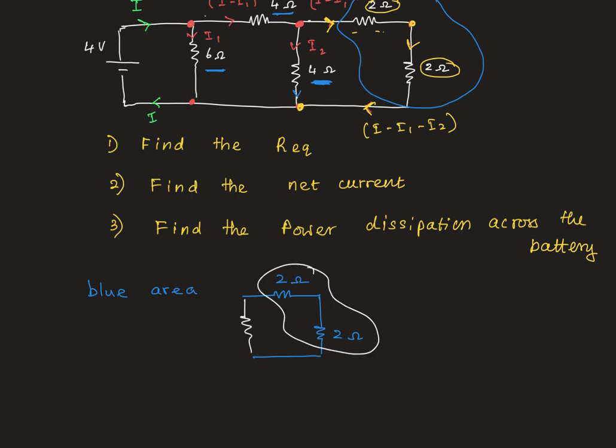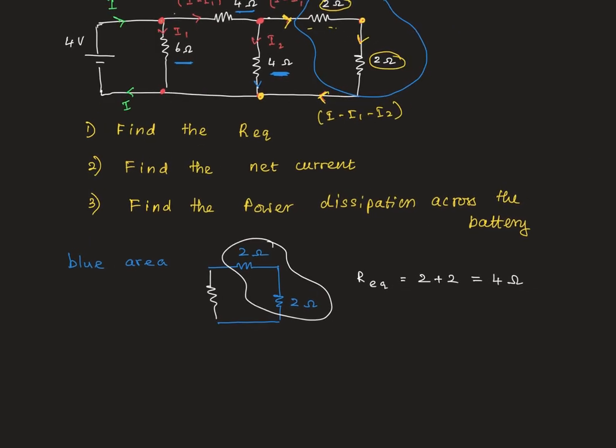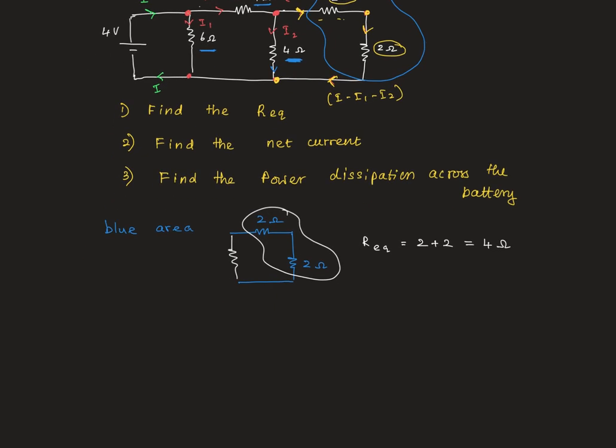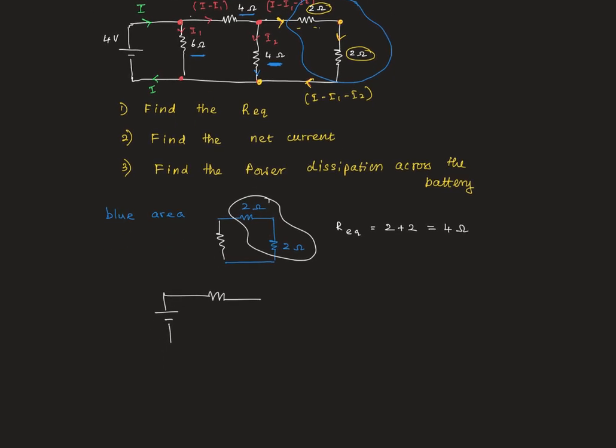So the equivalent resistor over there is 2 plus 2, and that gives us 4 ohms. Now that we have reduced that part into 4 ohms, I am going to redraw the picture. So here we have 4 ohms.